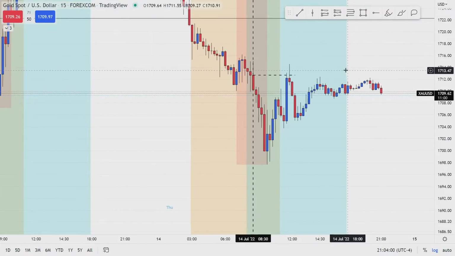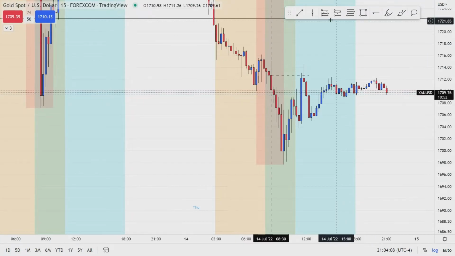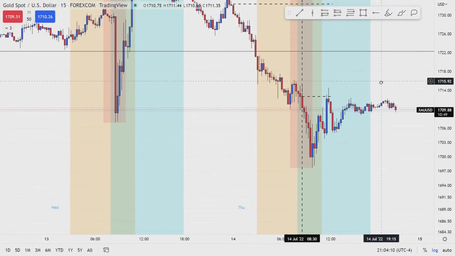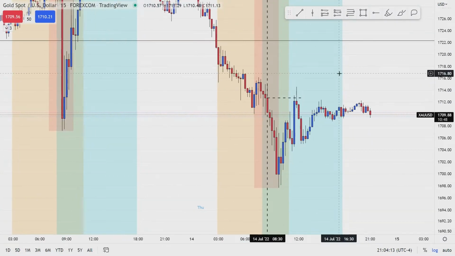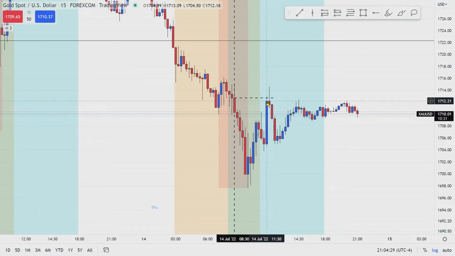And so although we had bearish bias, everything was pointing to a bearish bias, what I was looking at was that when price opened at 8:30, since we had the news, I was not going to enter. I was going to wait for the volatility to lend its hand so that it could tell me what it was going to do.